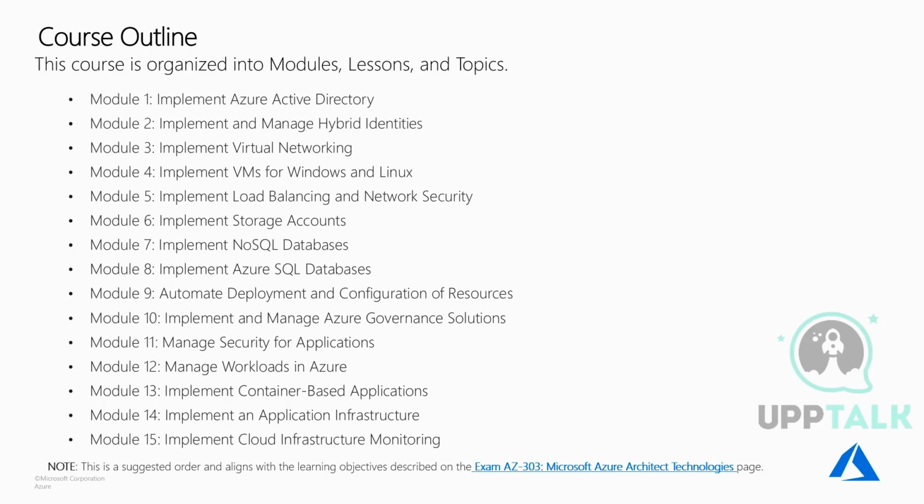In terms of module 14 and 15, we are coming back to infrastructure once again for .NET applications, Java applications, what kind of or any kind of advanced solutions that you want to host over here. How would you look for application infrastructure, right? Apart from this, the last module here is implementing infrastructure monitoring using Azure Monitor and Log Analytics.